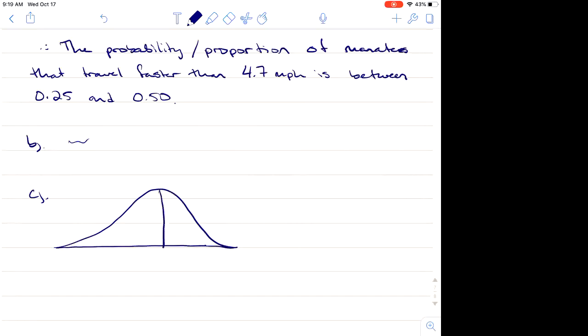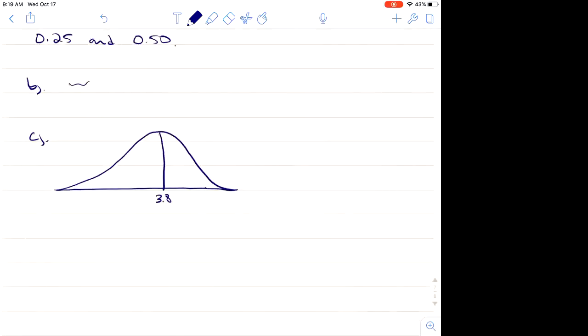So here we draw our graph, 3.8, sigma is 1.34. And at some point here, this area is fixed to be 0.15.